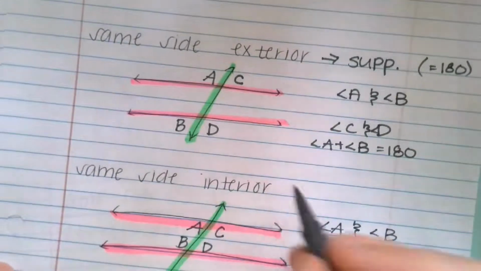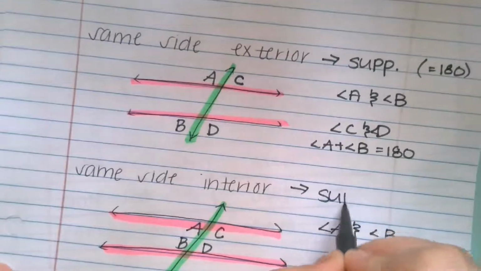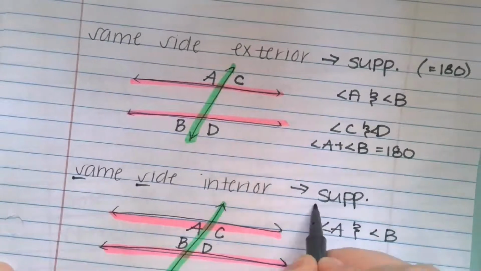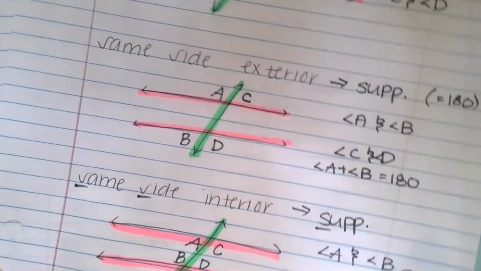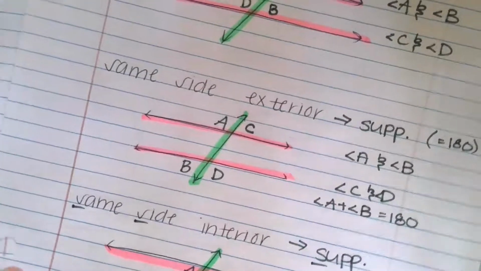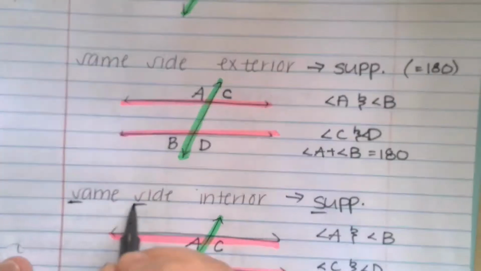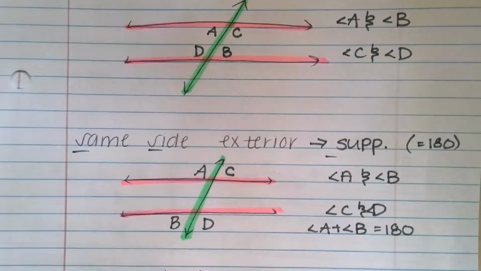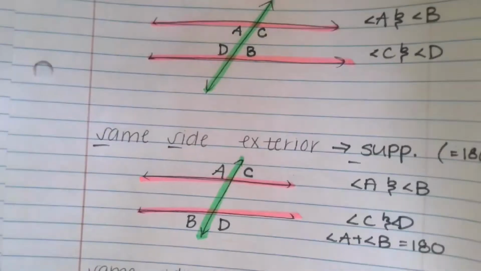The way that I like to remember that they're supplementary is all these S's: same side, supplementary. Okay? Everything else is going to be congruent, but if you have same side, supplementary, same side, supplementary. Okay, keep all those S's together.